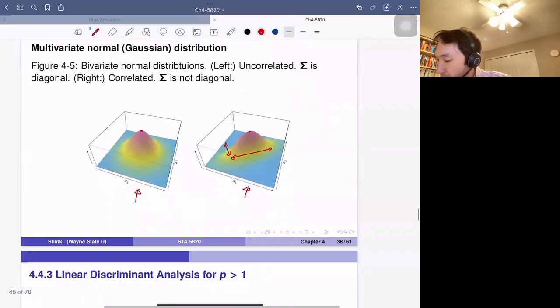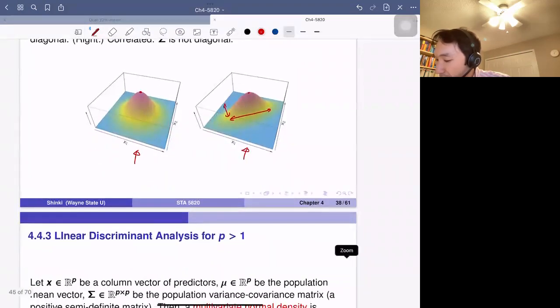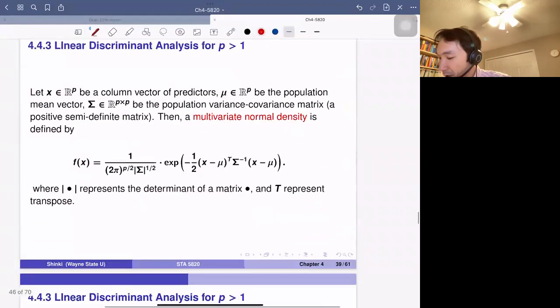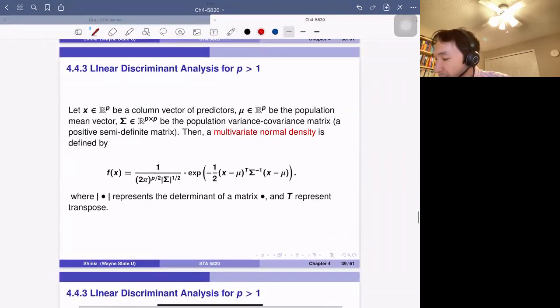What's the exact definition of the bivariate or multivariate normal density function?